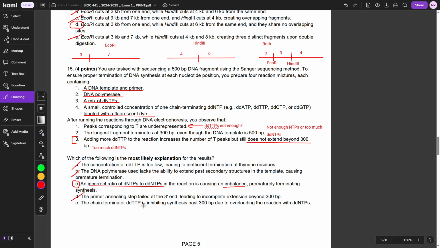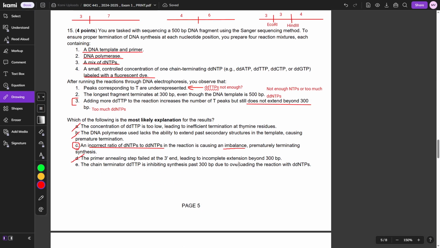The chain terminator ddTTP is inhibiting synthesis past 300 due to overloading the reaction with ddNTPs. I like the second half of this answer, but I don't like the first. It suggests that specifically the ddTTP is causing the problem, but the problem is that generally we have too much ddNTPs. So I would say that C is the best answer here.